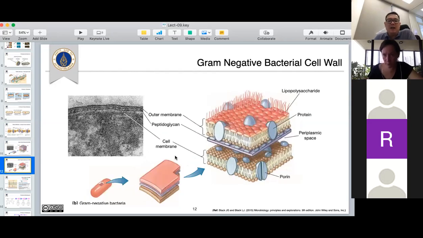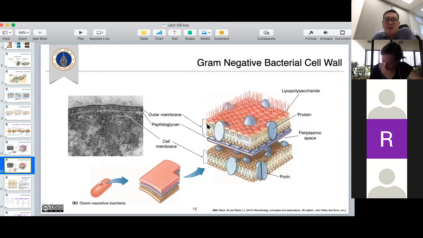Gram-negative bacteria, if you see this cartoon, you see peptidoglycan, the purple layer is so thin, but they have another layer, the red one, called the outer membrane. So bacteria in this group, gram-negative, have a double membrane. One is the plasma membrane, another one is the outer membrane.